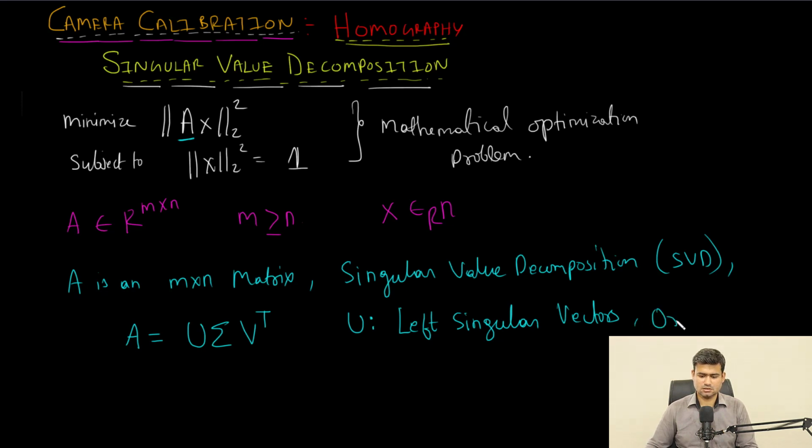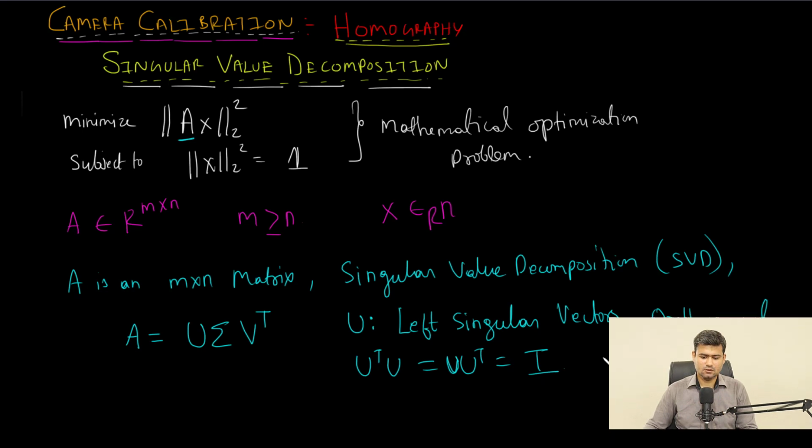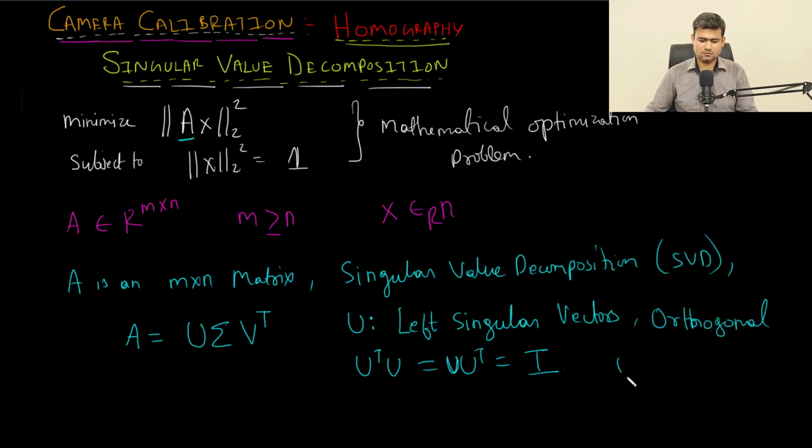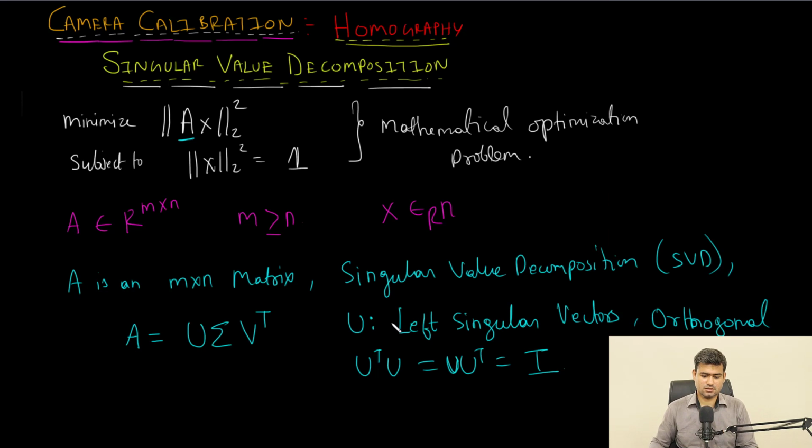That is, U transpose U is equal to identity matrix, where U is an m cross m matrix of left singular vectors and is orthogonal.